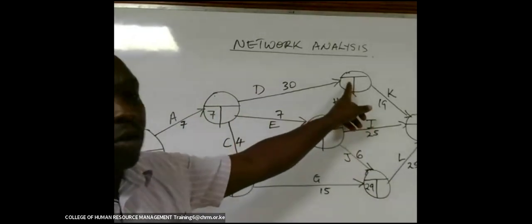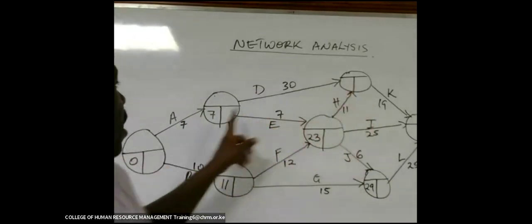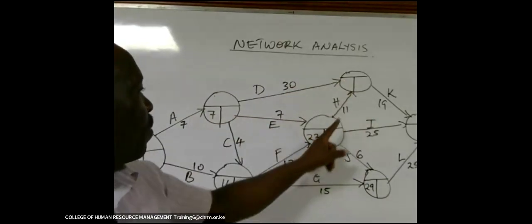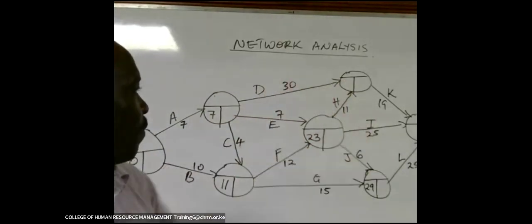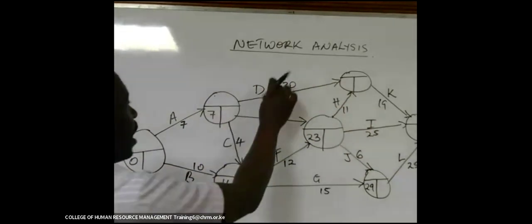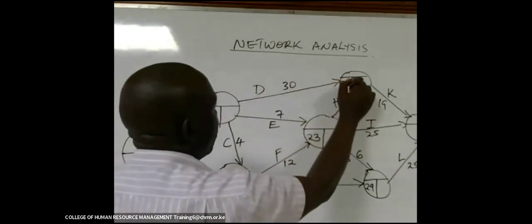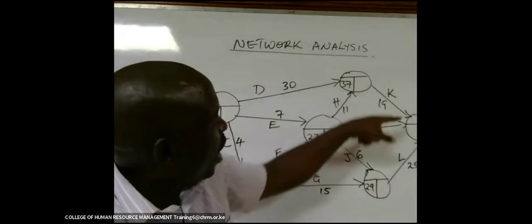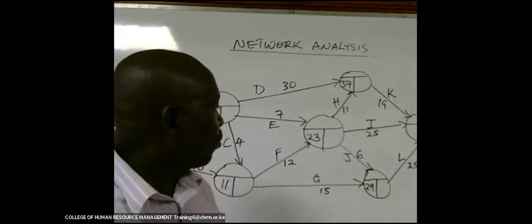To know the figure that you are going to indicate here, it is either 7 plus 30, 37, or 23 plus 11, which is 34. So 7 plus 30 is 37. Put 37 there. It's longer. We are now here. Here we have got 3 arrows pointing there.